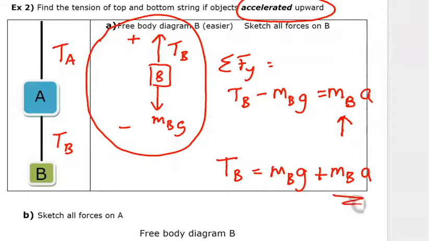The more B is being accelerated, the greater the tension, which makes sense to you. If you double the acceleration, this will double, and I can't say that B will double, but it will go up. Okay, so that we do the bottom box.